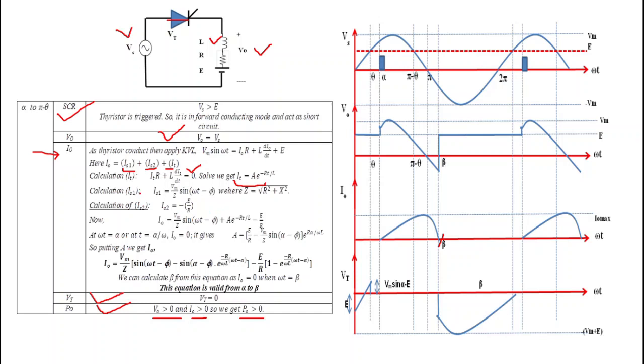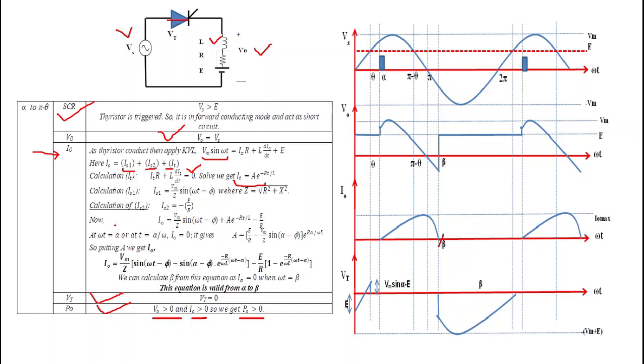Now the calculation of steady state current 1. Here the steady state current is calculated for this Vm sin omega t, so it equals Vm by Z sin omega t minus phi. This is the concept of steady state analysis, which is covered in network theory.